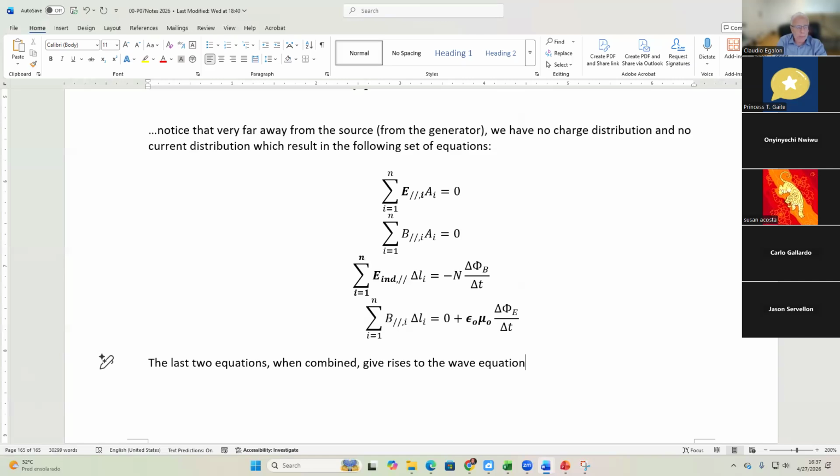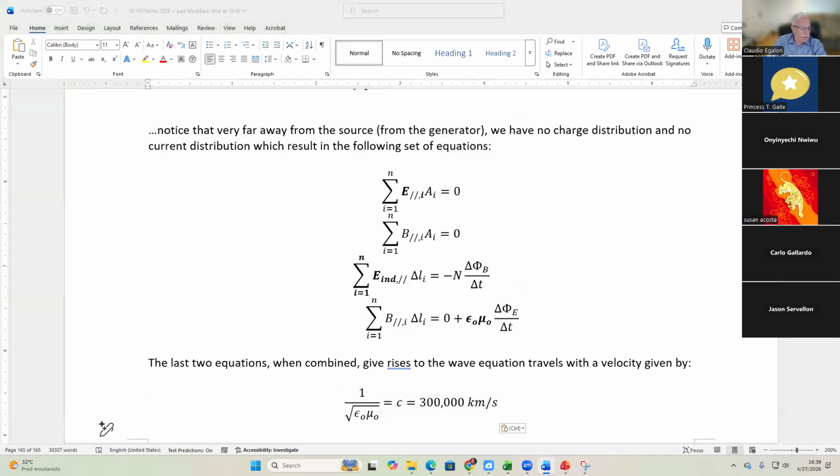The waves travel with a velocity given by one divided by the square root of epsilon naught mu naught, which is 300,000 kilometers per second. That's what Maxwell found at that time, okay?